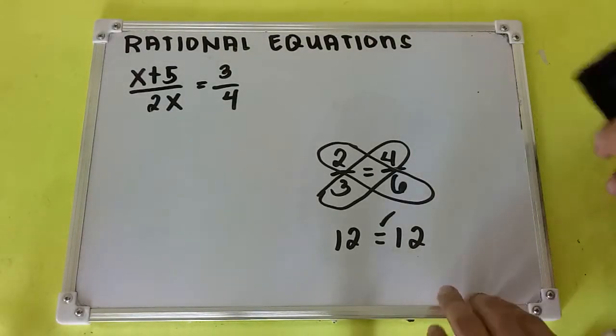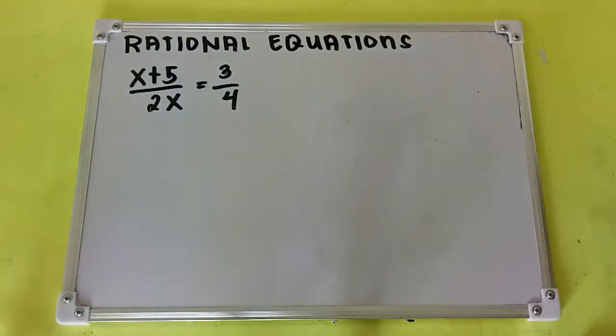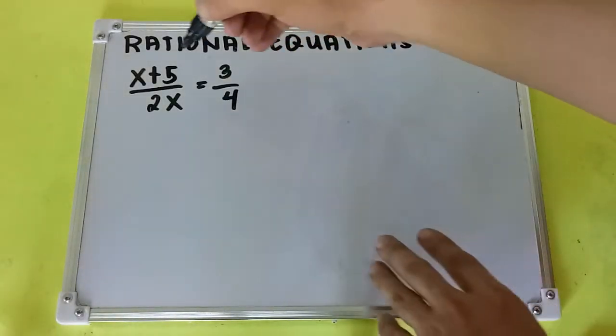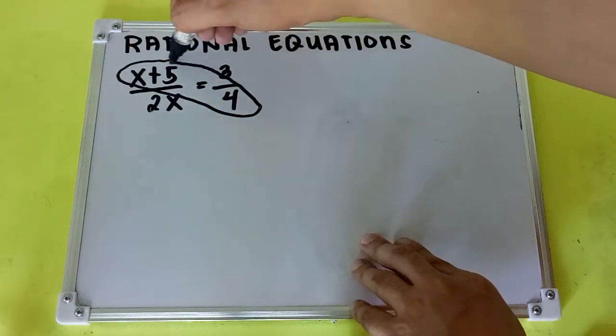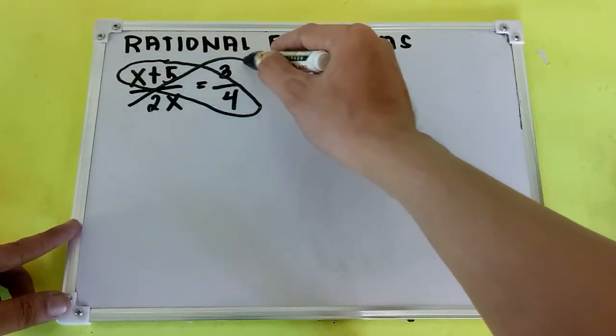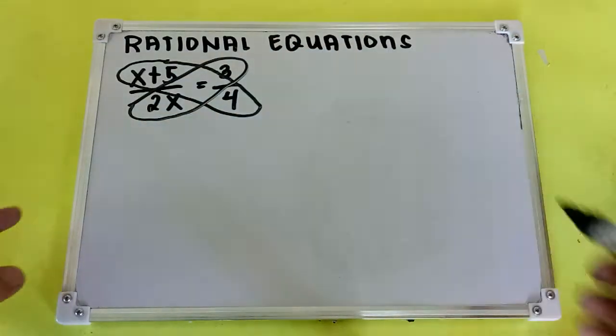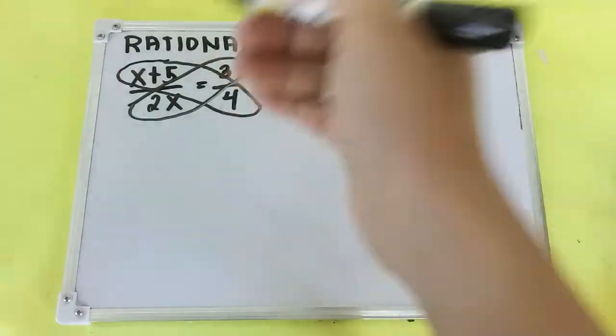So, ganyan din yung gagamitin nating technique para ma-solve ang rational equations. Dito, buong expression sa left-hand side, numerator, ang imumultiply natin by 4. And then dito, since pares lang naman silang one term, so madali lang siya. So yan, drawing lang kayo na ganyan.